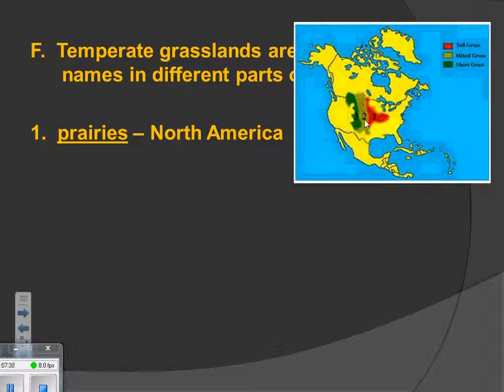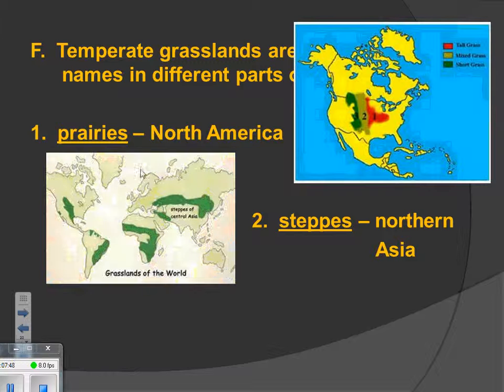Number 2, this area right here, medium amount of rain, medium height grasses. Over here, as you're getting closer to the mountains, least amount of rain for a grassland, so you get the shortest grasses. They're directly related. In Asia, in this area right here, these grasslands are called steppes.